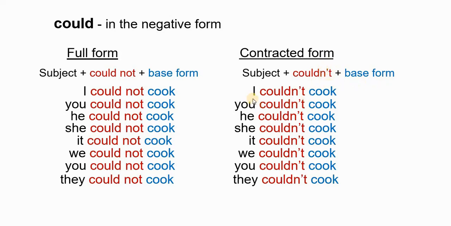So I couldn't cook, you couldn't cook, he couldn't cook, she couldn't cook, it couldn't cook, we couldn't cook, you couldn't cook, they couldn't cook. Alright?